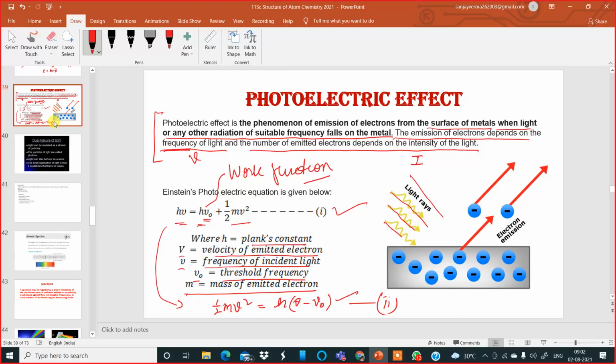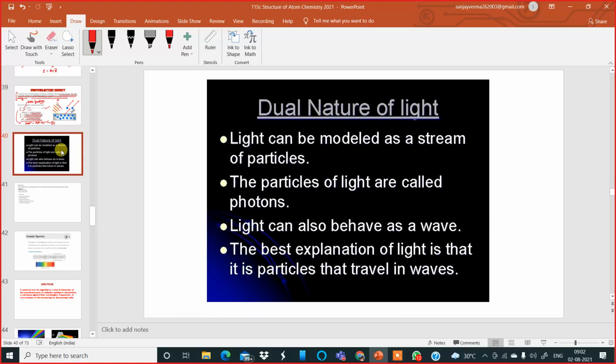Now moving to another concept in this chapter, which is called the dual nature of light. Light plays a double role after the photoelectric effect and during Planck's quantum theory of radiation. Light can be modeled as a stream of particles. The particles of light are called photons.